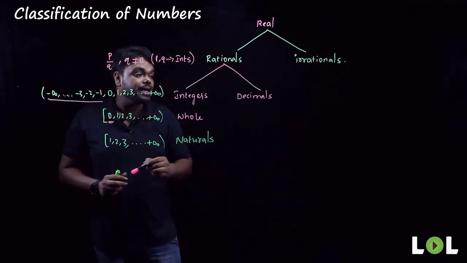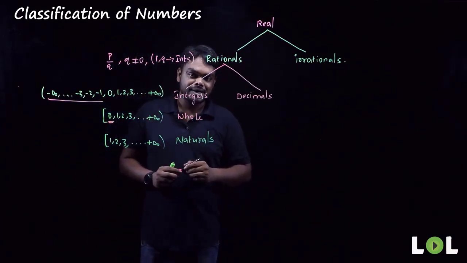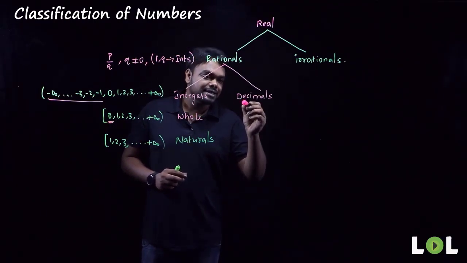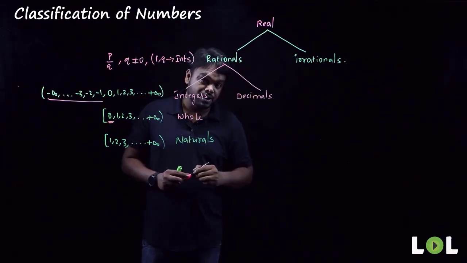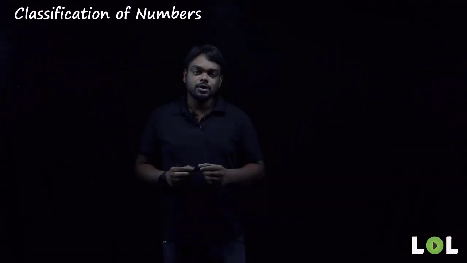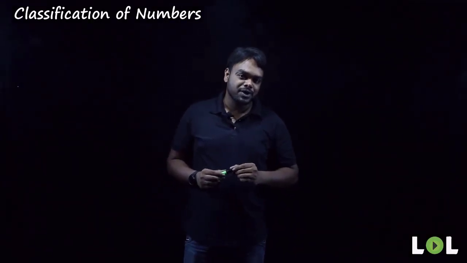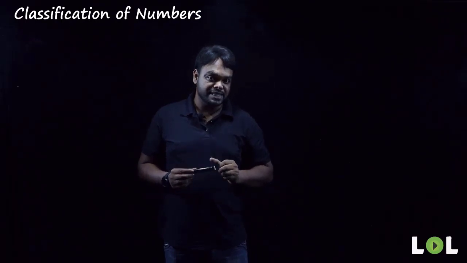Now, coming to decimal numbers, let us discuss the types of decimal numbers in detail. Under decimals, we have basically 3 different types of decimals.